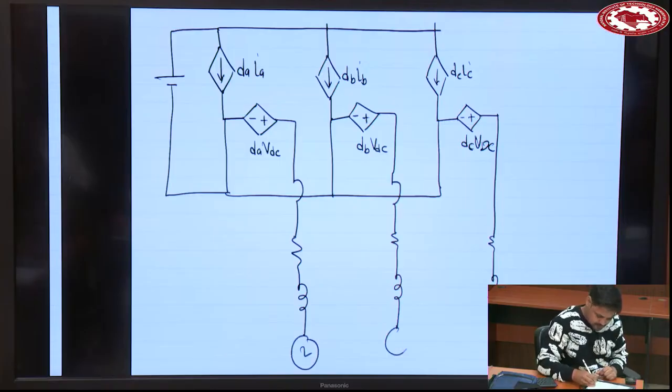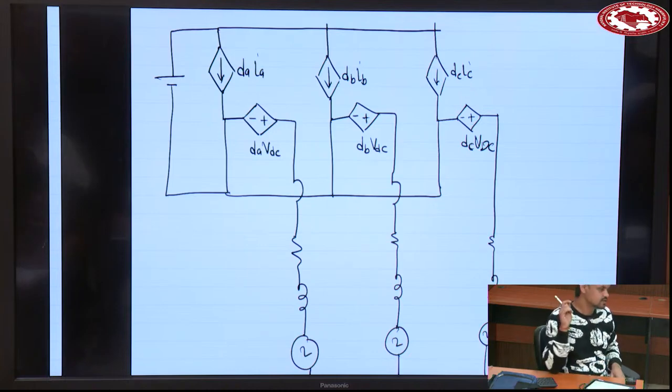If it is grid connected, then you can connect it to the grid. This is the model.